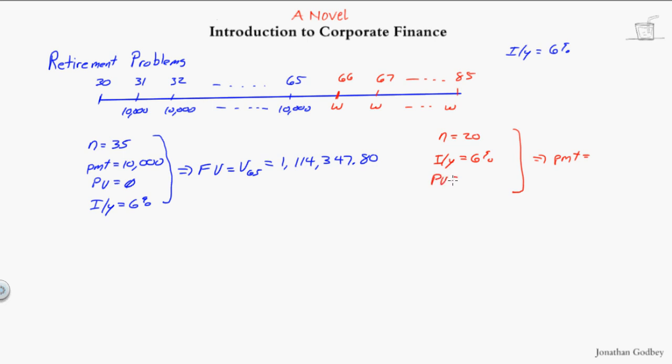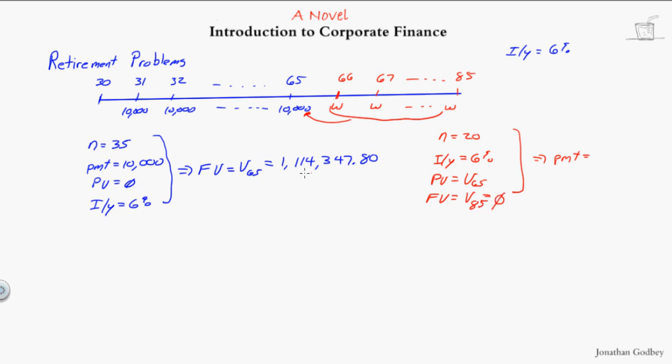I need a present value. I need a future value. In this case, the present value is the value when I'm 65, right? Because it's one period before the payments start is 65. Future value is the value when they stop, when I'm 85. Okay, so I'm saying, look, at 85, I want to be broke.